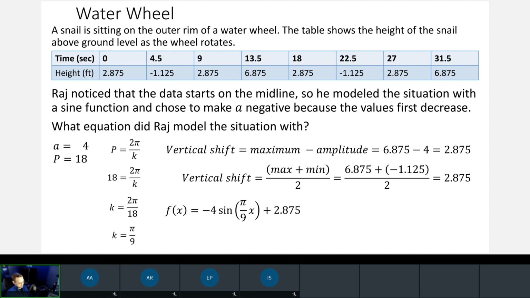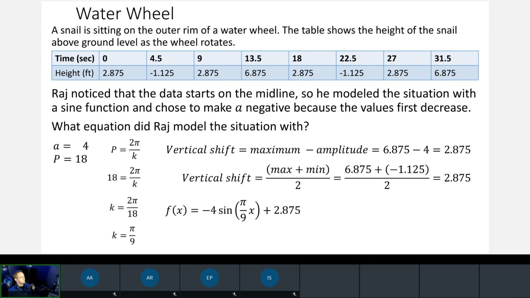There is actually a third part to this problem to figure out the phase shift, and I actually forgot to do it in this problem. Everyone type that in and see if this equation matches this table of data.